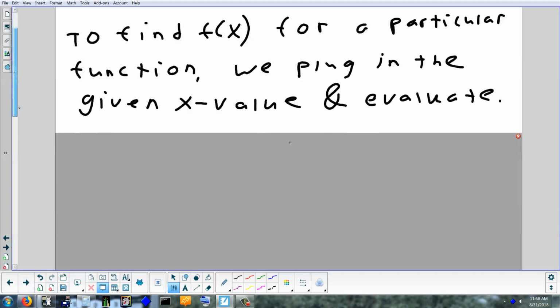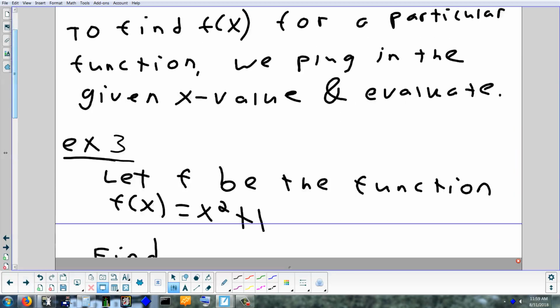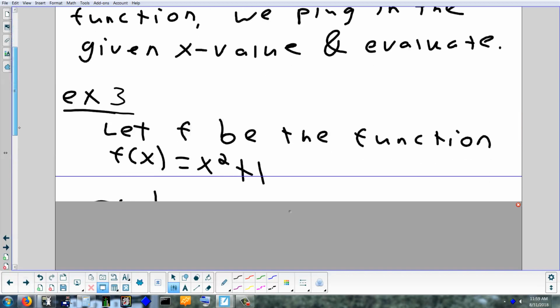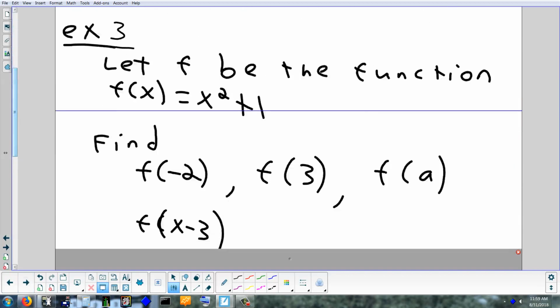All right, this we kind of already did. It's like, how do you plug something in and evaluate? So we did that in the rent-a-car problem. You just plug in the number and do out the calculations. I don't really think we need to go through that.